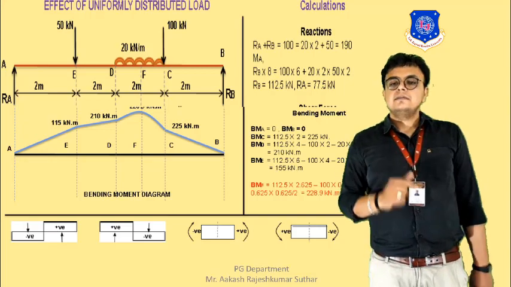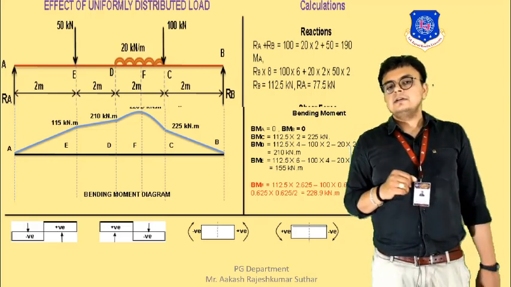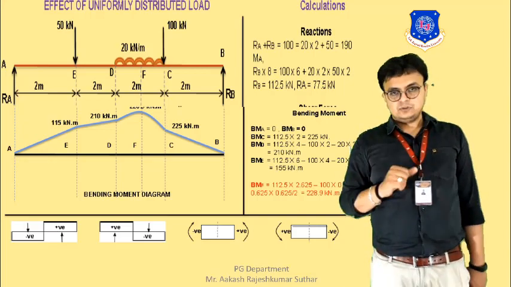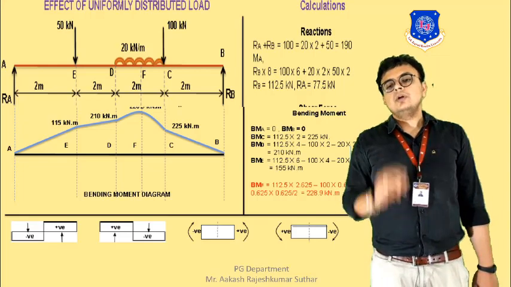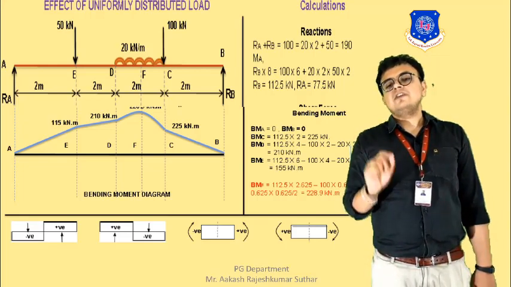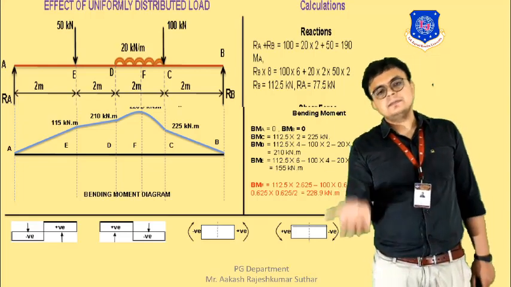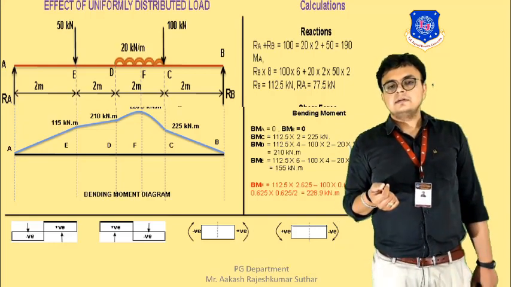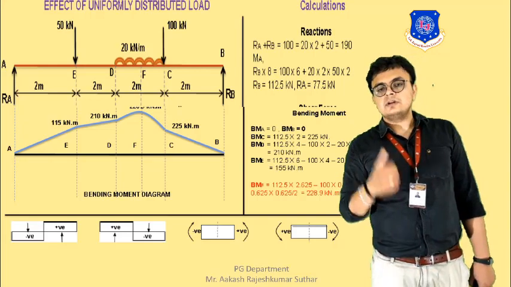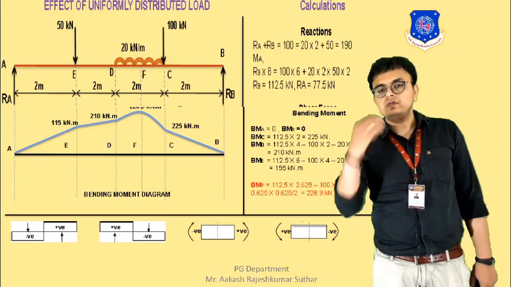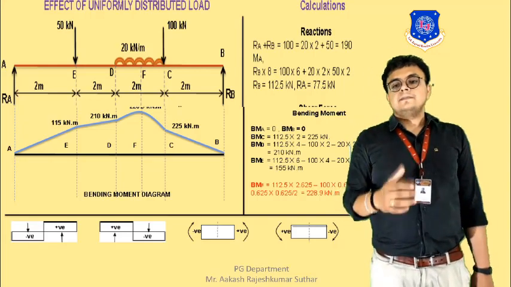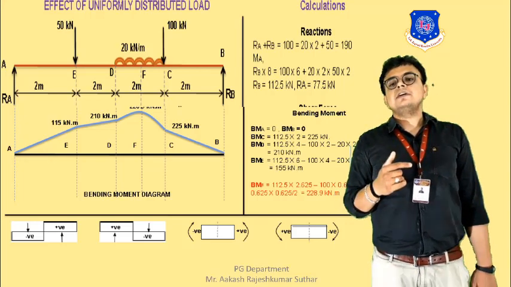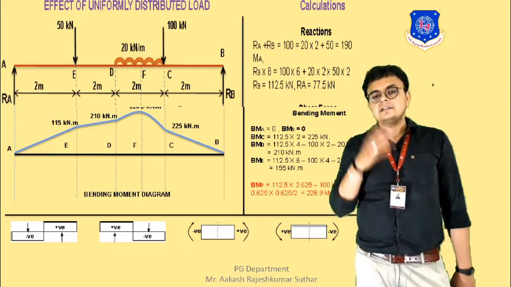And we have a particular bending moment at D. So that will be equal to 112.5 into 6, that is the distance from B to D. Then we have 112.5 into 4. Then we have the loading of 100 kilonewton in downward direction, and its distance was 2.